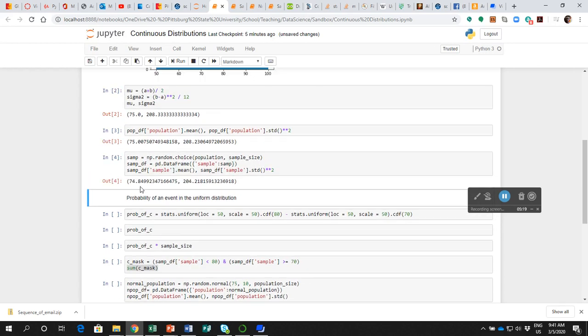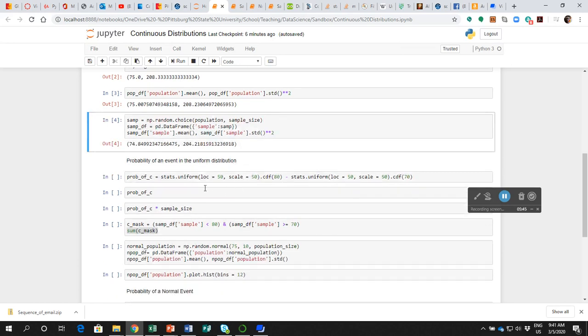Well, that's not quite 75. It's a bit farther from the ideal prediction than dead on, but it's still pretty close because these are estimators, and 1,000 is a big sample size. The variance is also close. There's a little bit more difference in the variance here.